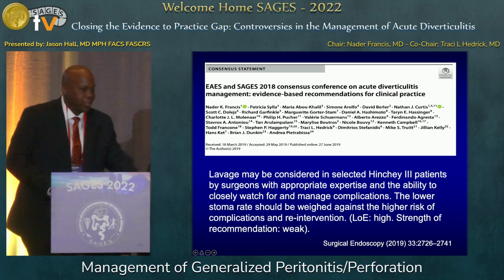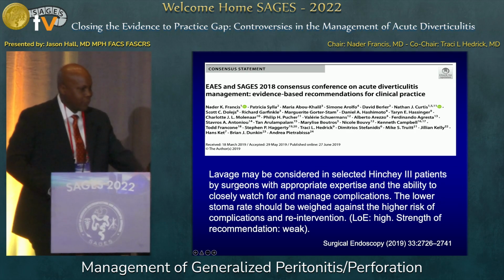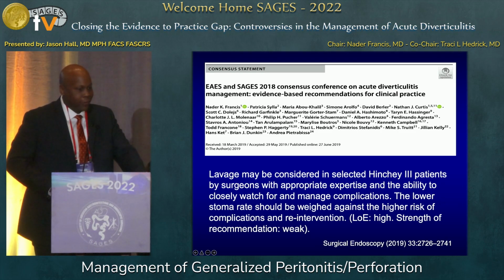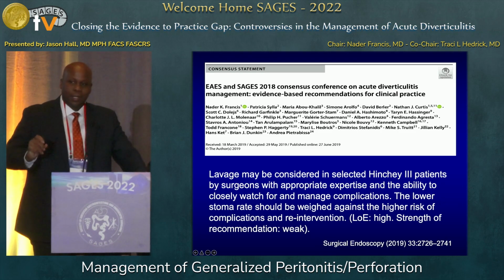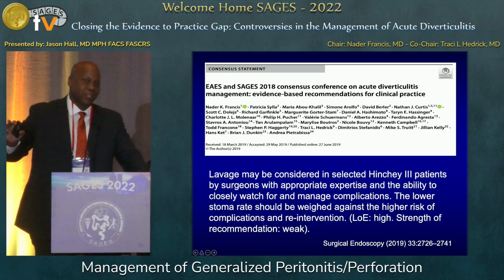So Dr. Francis here, in his recommendations from SAGES, said that lap lavage can be considered in selective Hinchy 3, and I think the contribution of our last speaker is really important, that maybe we shouldn't be using the Hinchy criteria.